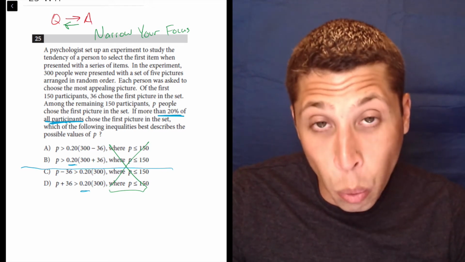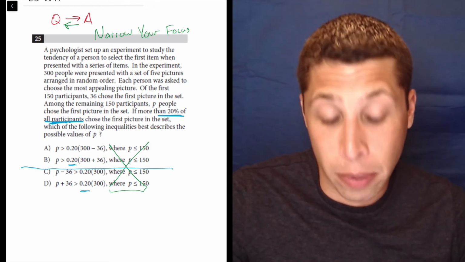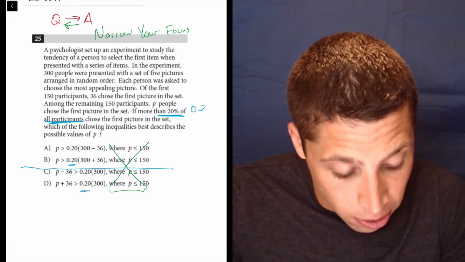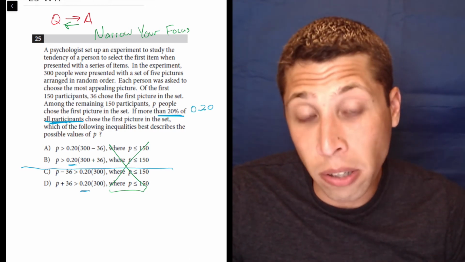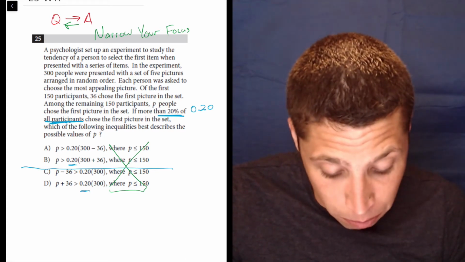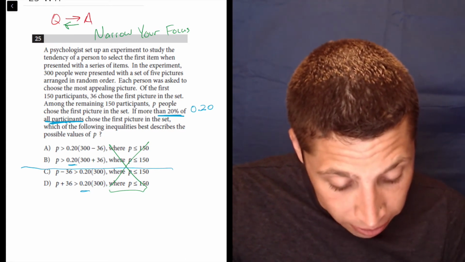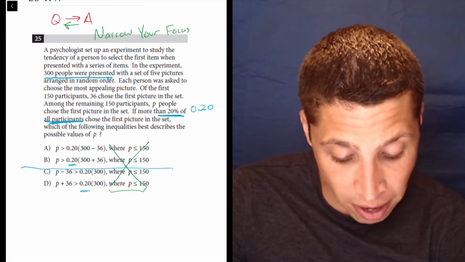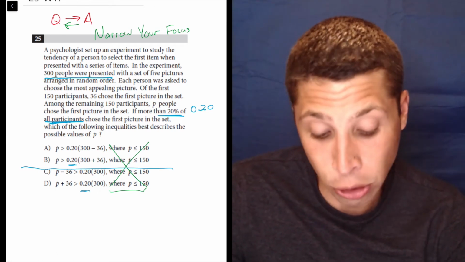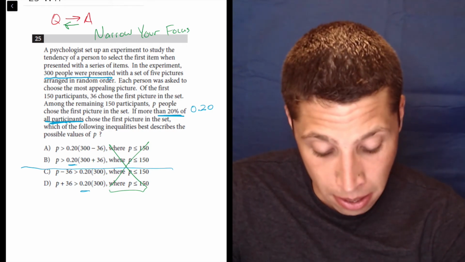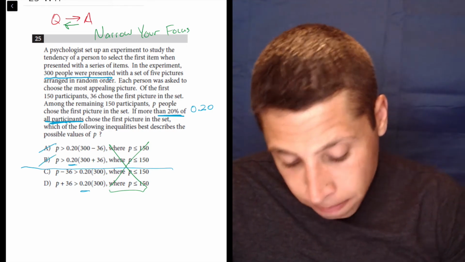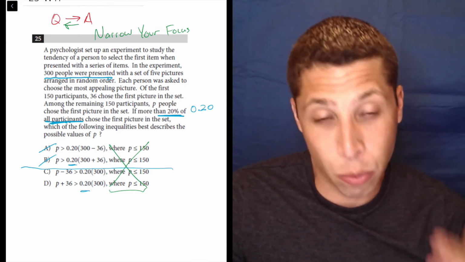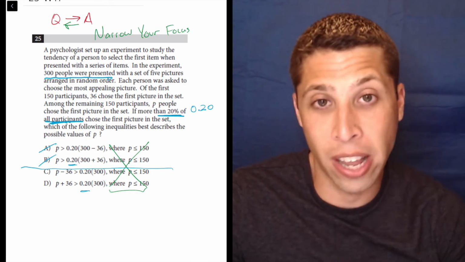So it's supposed to be 20% of all the participants, right? I know that 20% corresponds to 0.20 as a decimal. So how many participants are there? Look at the top. In the experiment, 300 people were presented with a set of 5 pictures. So there's 300 participants. So A and B are wrong because they're somehow adding or subtracting to the number of participants. What I want to do is take 20% of 300.